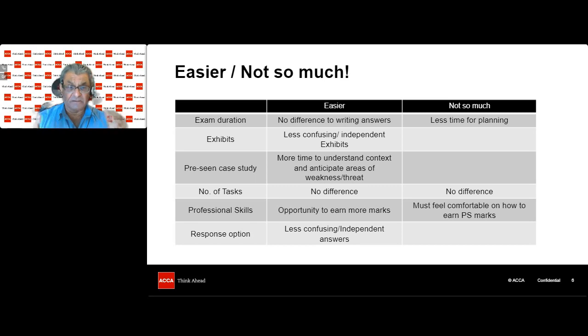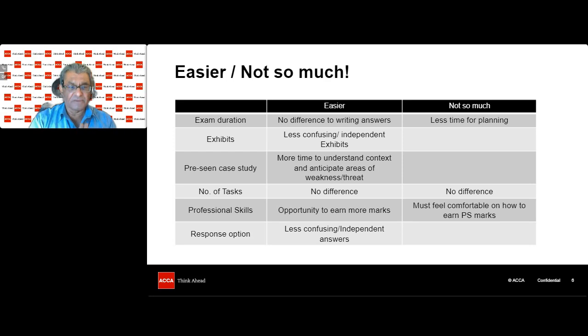And the nice thing with the new structure is that the exhibits are independent from one another. What do I mean by that? In the previous structure, it was very easy to find the answer to a particular task in more than one exhibit, so the answer to task 2 might come from exhibits 3, 4 and 5, for example.